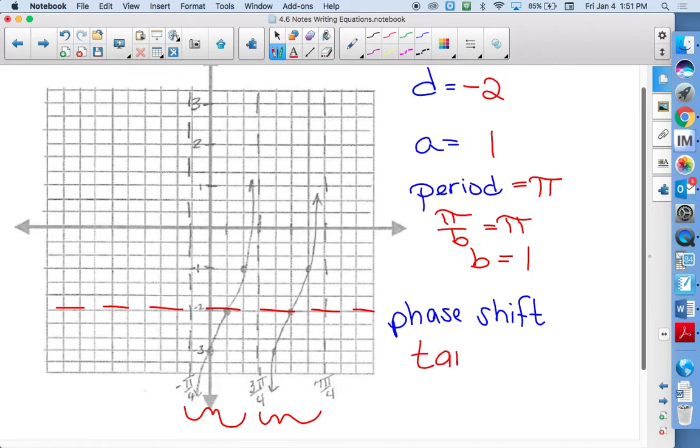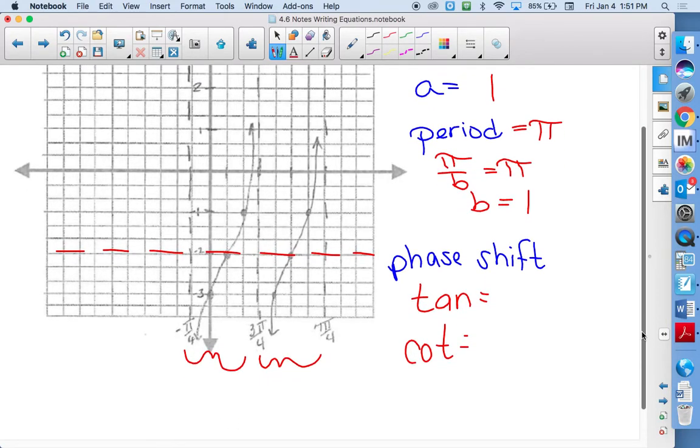So we'll find the tangent phase shift and the cotangent phase shift. For the tangent phase shift, you're finding that center value, the point that crosses the sinusoidal axis. And there are 2 of them, so you can write it either way. Sabrina, what would that phase shift be for tangent?